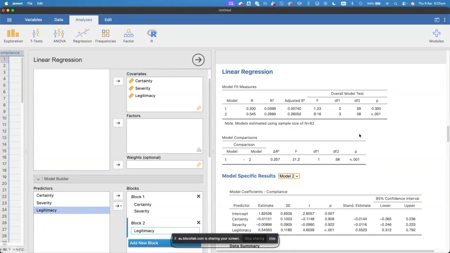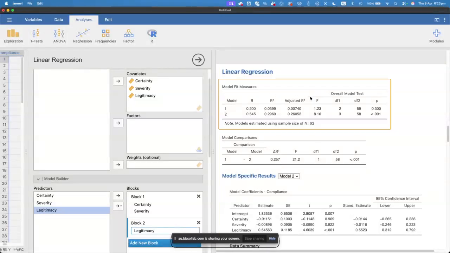Anyone remember? Not quite, Emery. So that is looking at our model comparison over here.